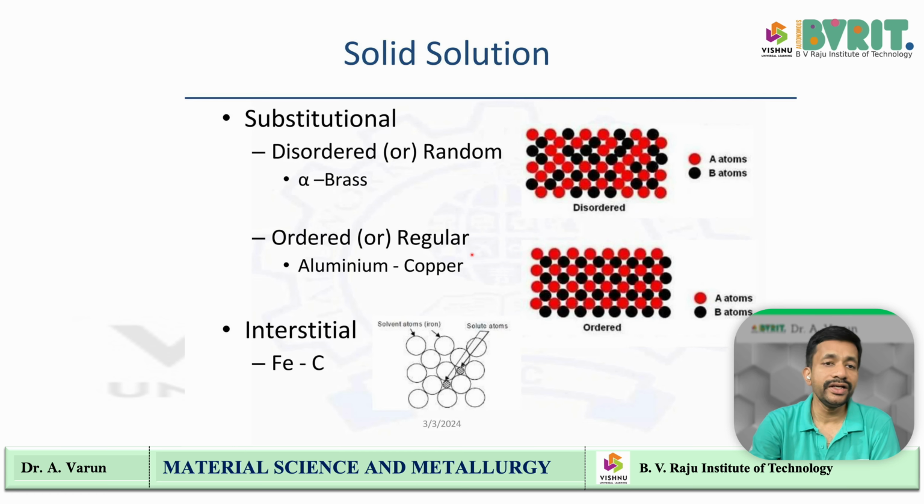So that is called substitutional type of solid solution. They take the regular positions of element A. When it comes to interstitial, this is the space in between the atoms. When these interstitial spaces are occupied by another element, that is called interstitial type of solid solution.